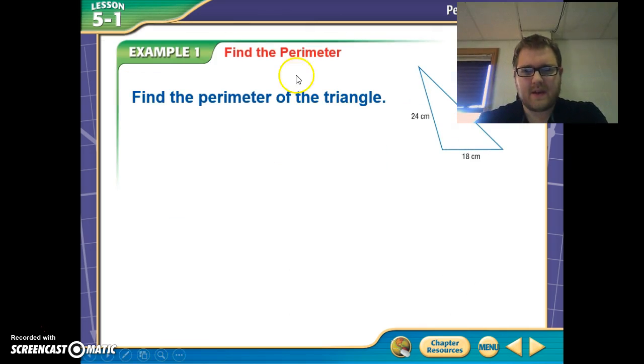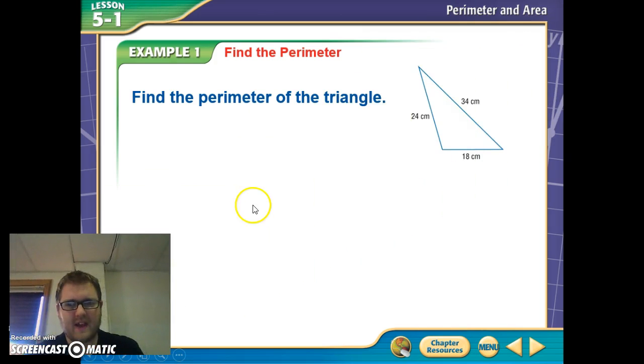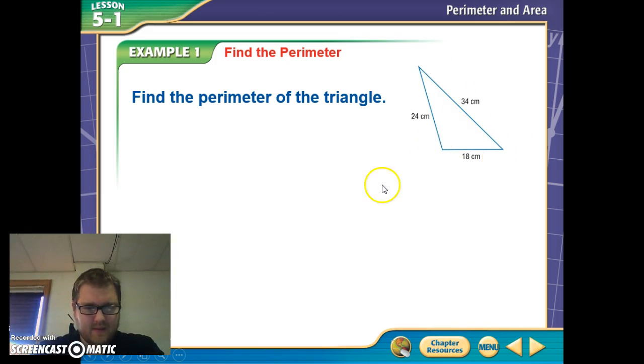So let's take a look at an example here. We want to find the perimeter of this triangle. It's got sides of 24, 34, and 18. Remember that our perimeter is simply the sum of all 3 sides. So we're going to write P equals A plus B plus C. We can call A 24, B 34, and C 18.